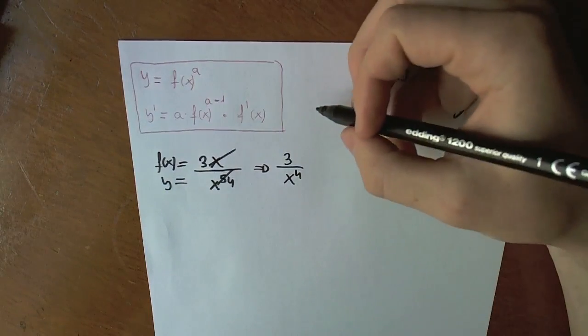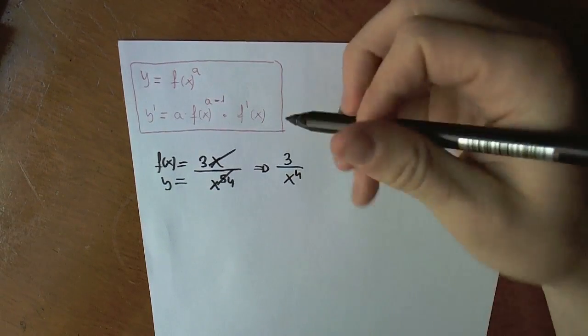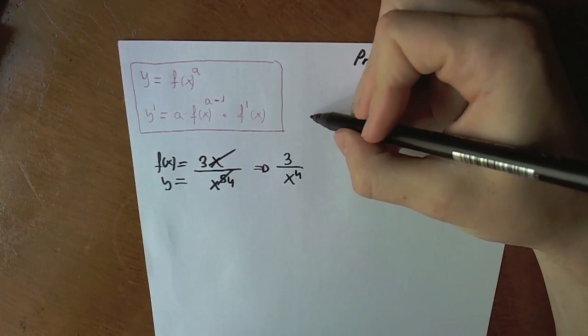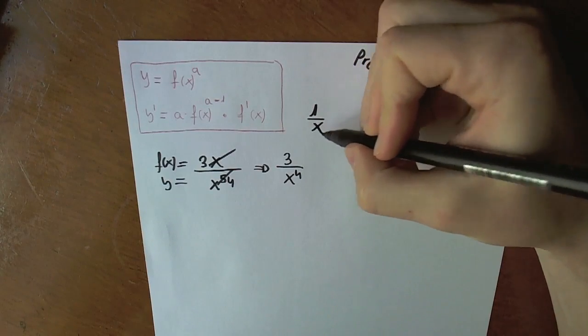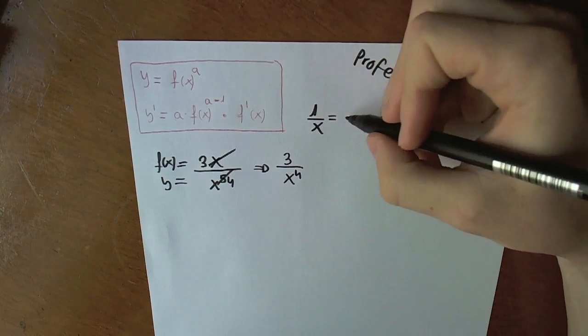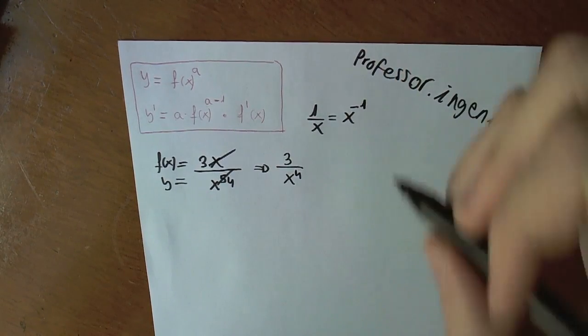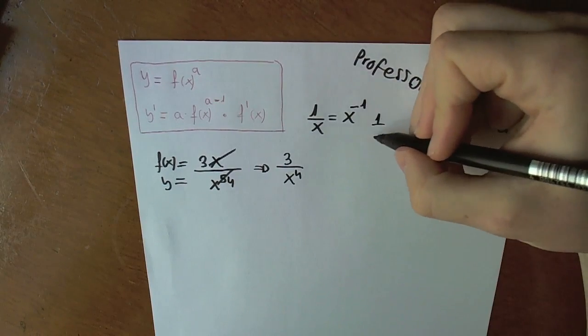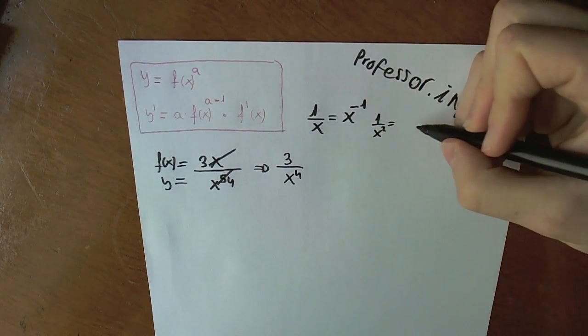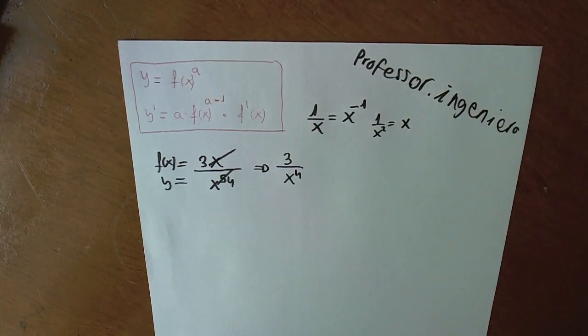It's very well known since all the history of the humanity that 1 divided by x, you can write it also as x power minus 1. This is the same. Or 1 divided by x squared is the same as x power minus 2. And always like this.